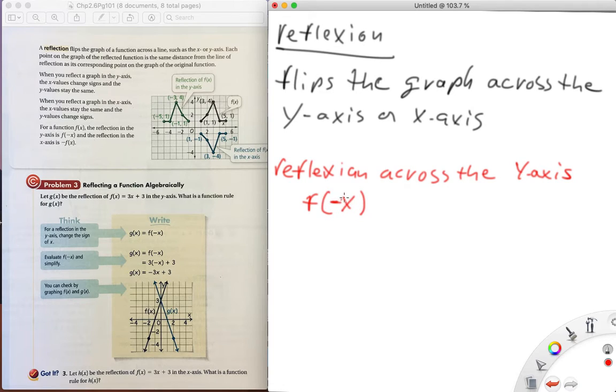So what that means is that every x term is going to be negative.